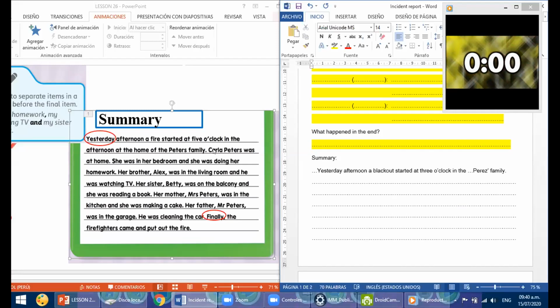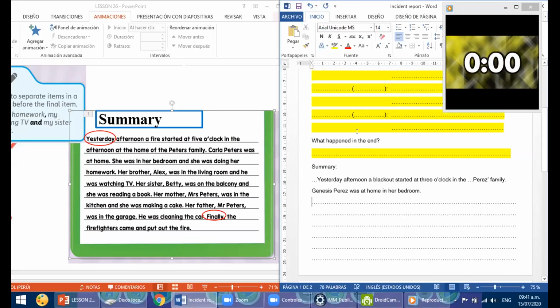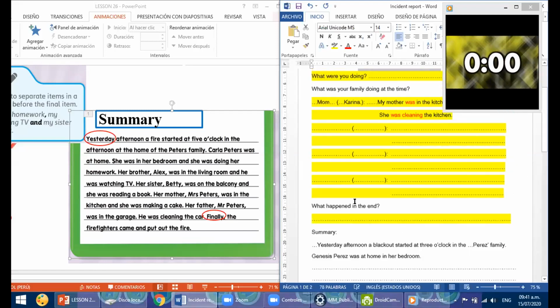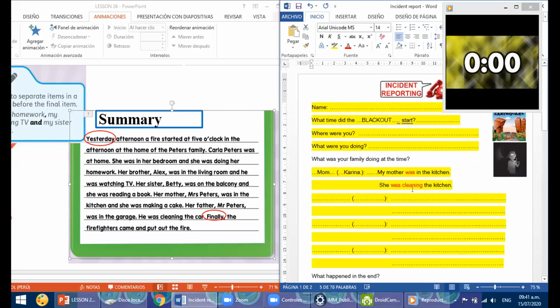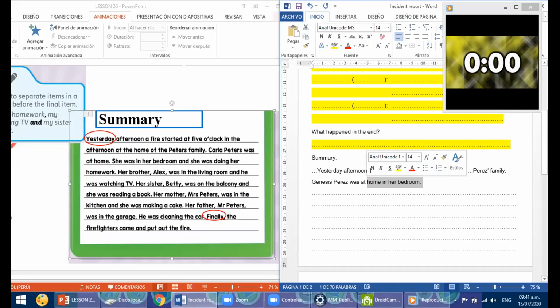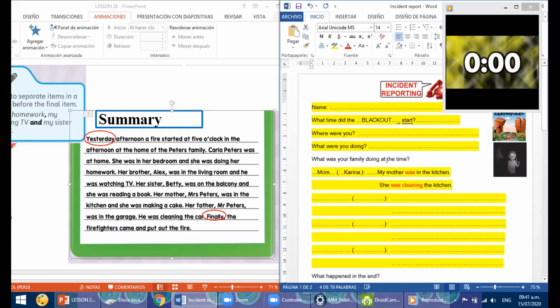Genesis Perez was at home in her bedroom. If you complete here, I was in my bedroom, you write the same here, in the bedroom. If you complete it here, in the living room, in the living room.